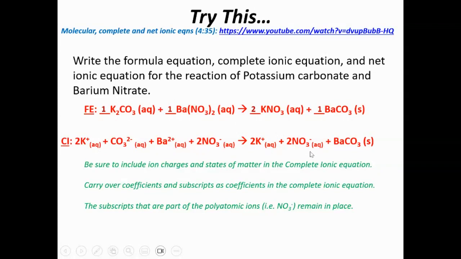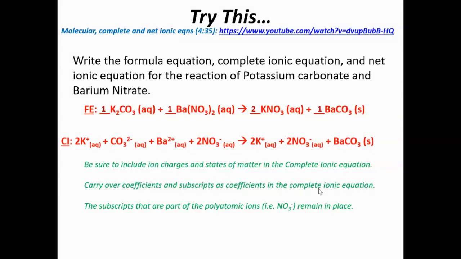All soluble salts get split into their constituent ions. The second product is barium carbonate. Looking at our solubility rules, all carbonates are insoluble except sodium, lithium, potassium. Barium, though, is not one of those soluble exceptions. Therefore, barium carbonate is insoluble, and it will remain together in the complete ionic equation.